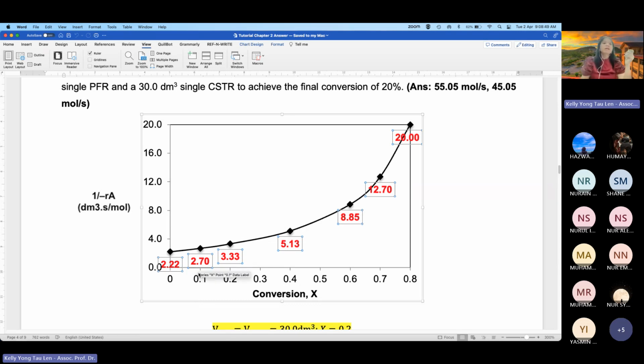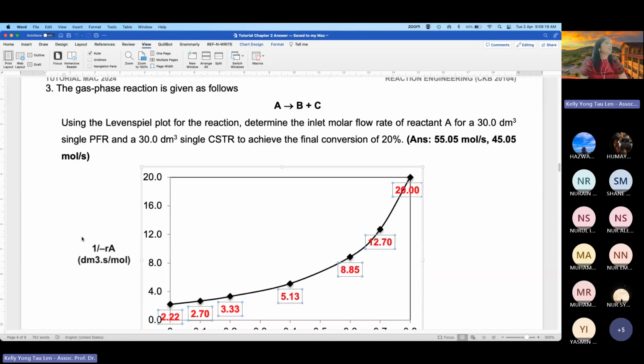If you remember, if it's in the form of a table, it is X and minus RA. The difference is very obvious, because later on in the calculation, we will always have to find the value of minus RA. But in this plot, it is no longer given in the form of minus RA, it is given in the form of 1 per minus RA. So it's very important for you to differentiate how we substitute the value in the equation. Okay, so let us try the question and see whether it is okay for you.